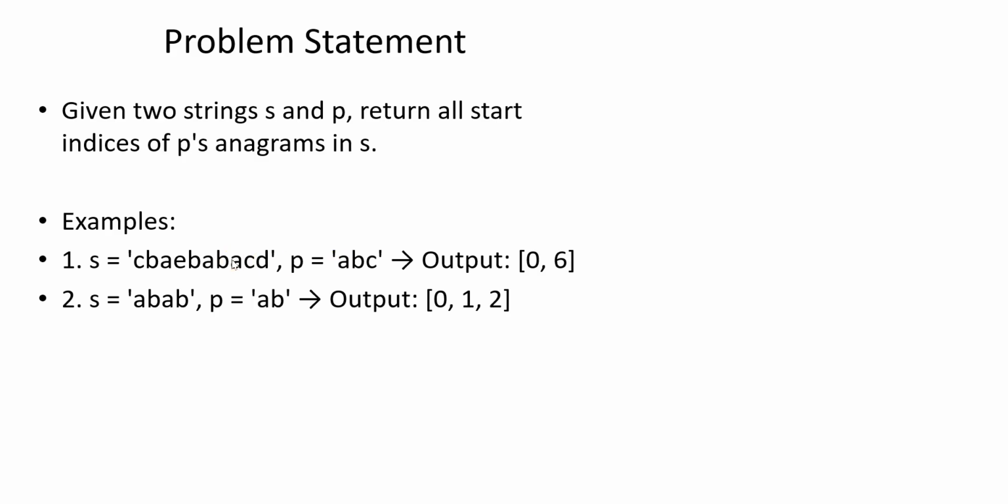So an anagram is basically any string that is originated from some string, a permutation of that string. If we change the order of the characters within the string, we get an anagram. So if cba is a string, then abc is an anagram of it, and vice versa.